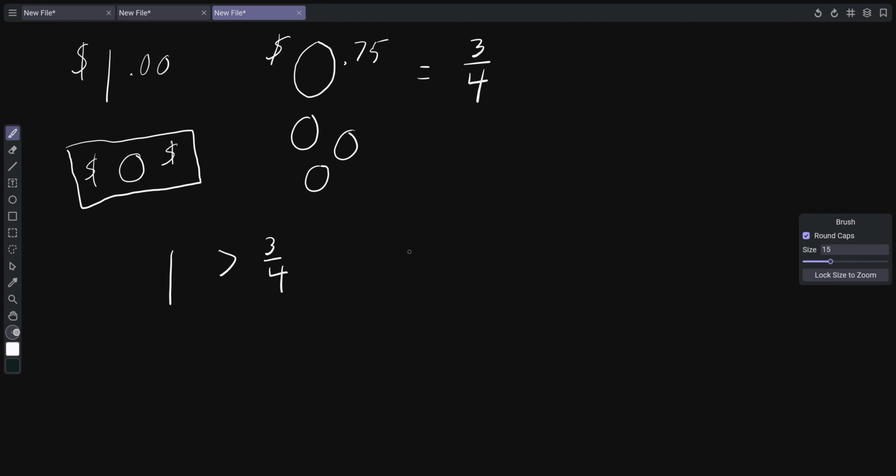And this is something to remember about fractions, is that anytime you see a number, so let's just say x, over another number, y. So this here is the numerator, and then this here is the denominator.